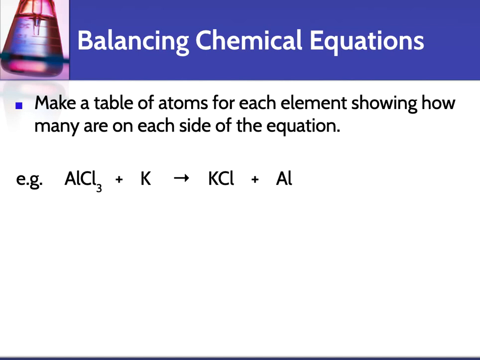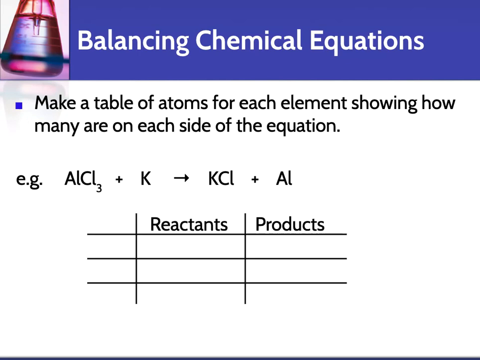The first tip is to make a table of atoms for each element, showing how many are on each side of the equation. We'll go through this example, aluminum chloride plus potassium, creating potassium chloride and aluminum. We set up a table, and on the left side we put the different atoms involved in the reaction: aluminum, chlorine, and potassium.